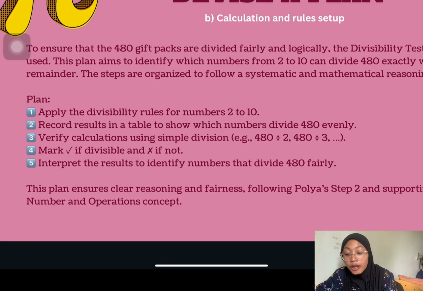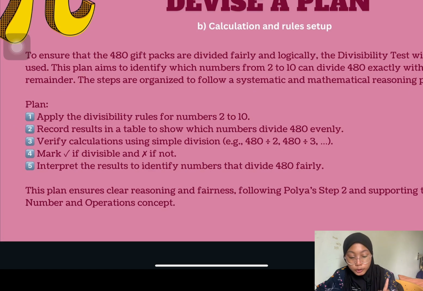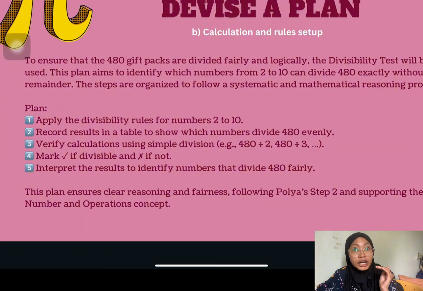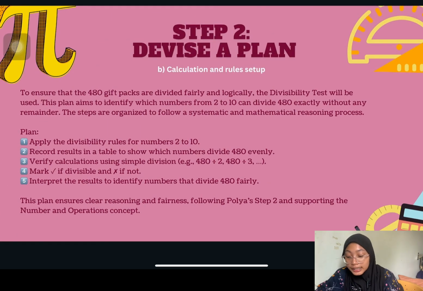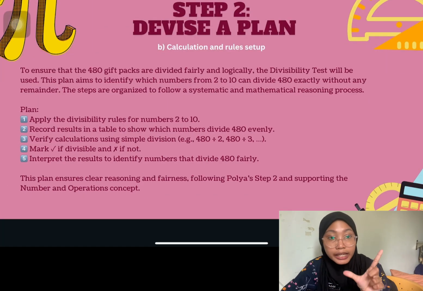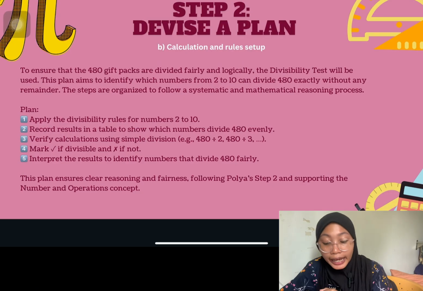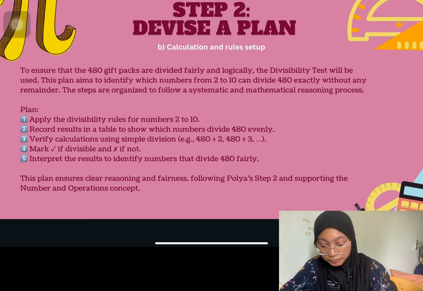Next, verify calculation using simple division, for example 480 divided by 2, 480 divided by 3, and so on. Then mark right if divisible and wrong if not.